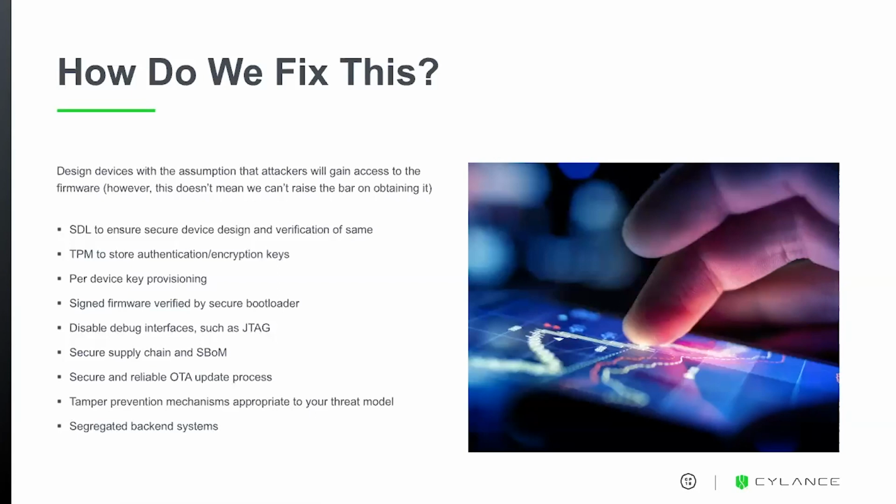And then a secure supply chain. So two areas here: secure supply chain, both in software and hardware, and a knowledge of your software and hardware bill of materials. That is assuring that the hardware components that you're utilizing to construct or manufacture your device don't have any known vulnerabilities in them, such as susceptibility to fault injection or side channel power analysis, and that the software libraries and modules that you're utilizing for your product do not have known vulnerabilities in them, and that you also have a way to update them through the over-the-air update process on a regular basis when vulnerabilities are discovered.